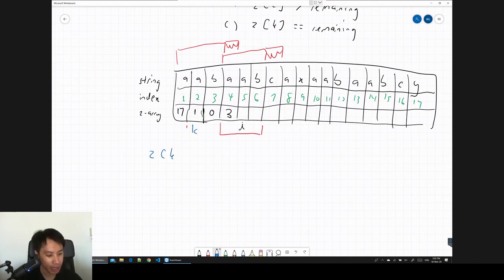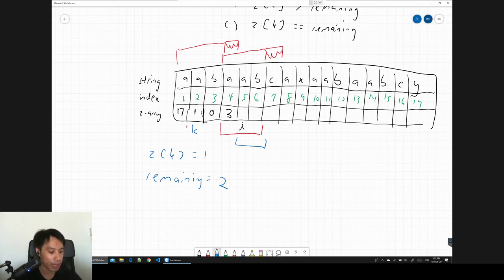So Zk equals 1. What is my remaining? My remaining will be 2. One alphabet at I, one alphabet from after I all the way up to R. So I have a remaining 2 boxes to fill up.